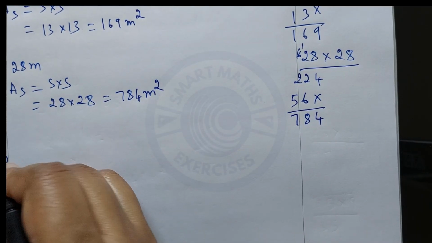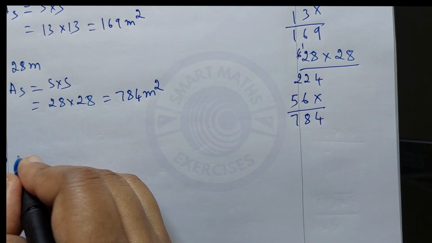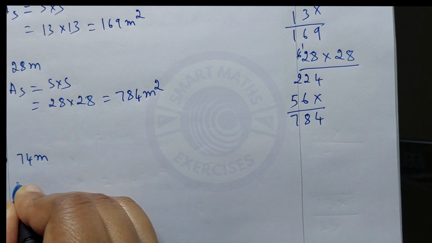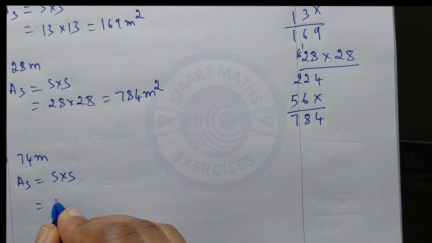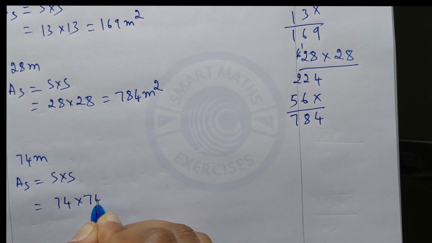Next question, I. 74 m, area of square equals side into side, 74 into 74.